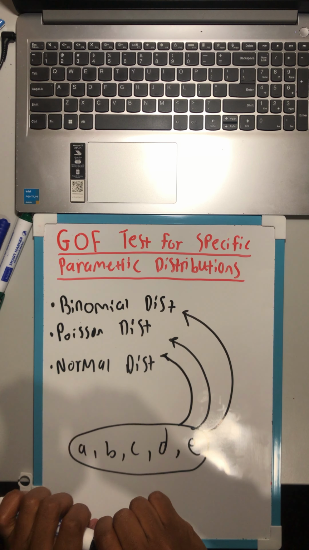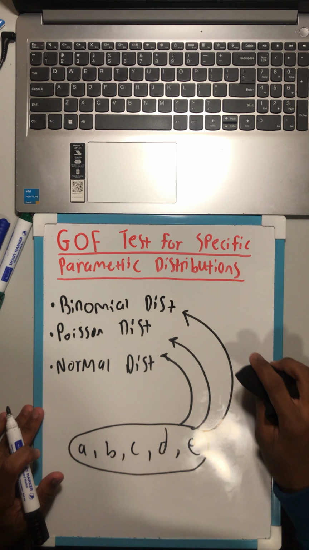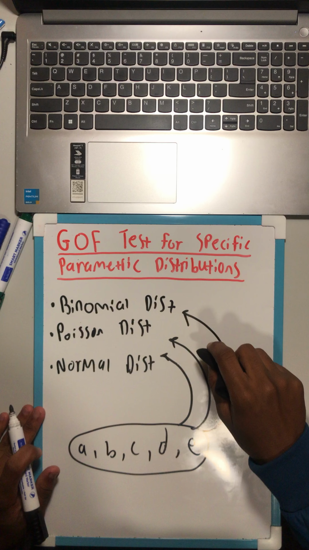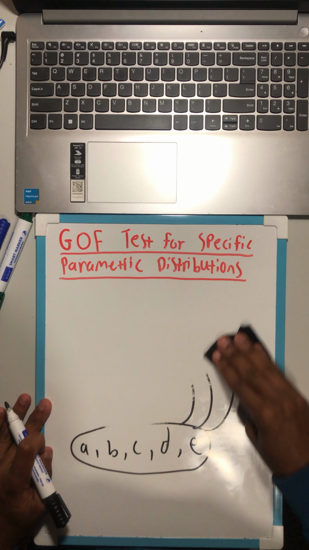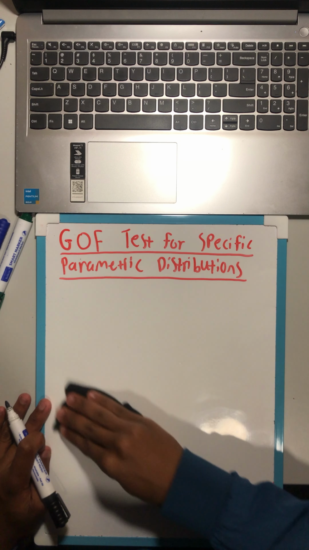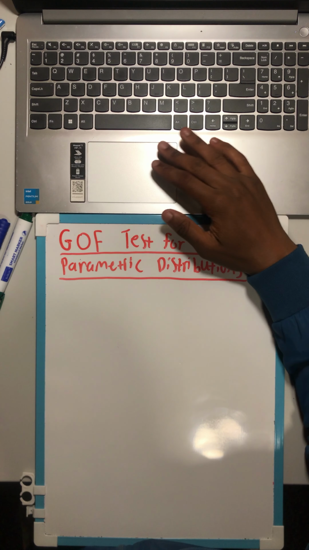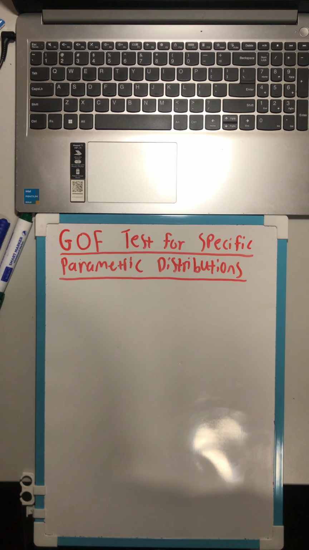So I will do a recap on the binomial, Poisson and normal distributions, explaining how we recognize that data can follow a binomial distribution.